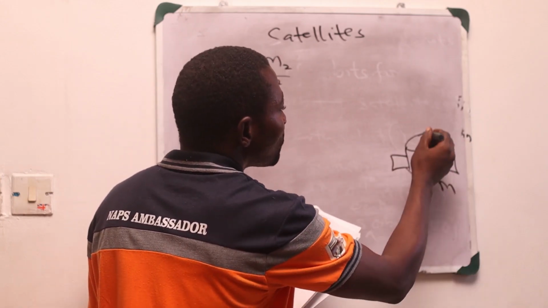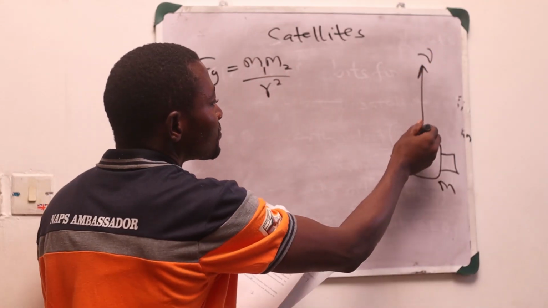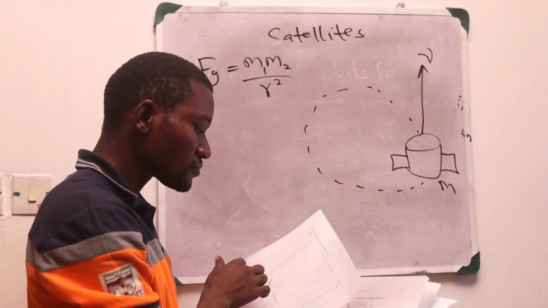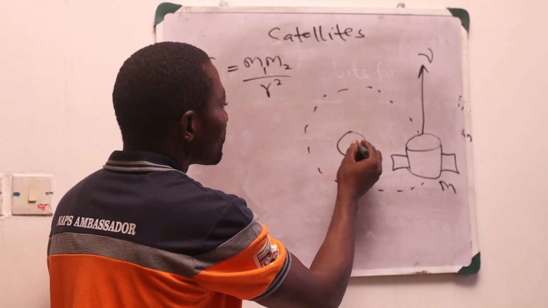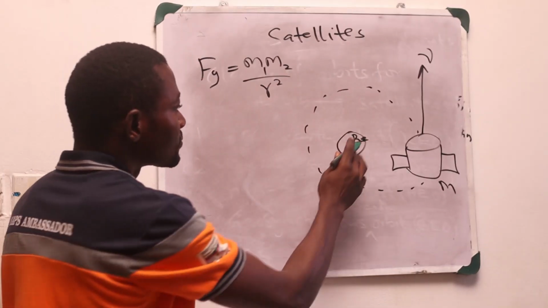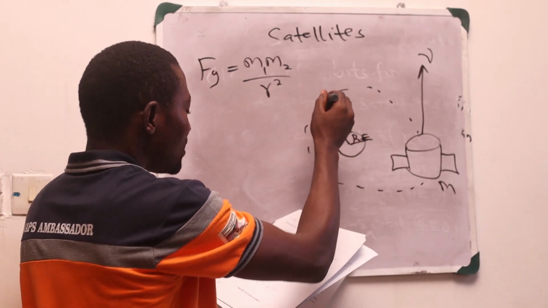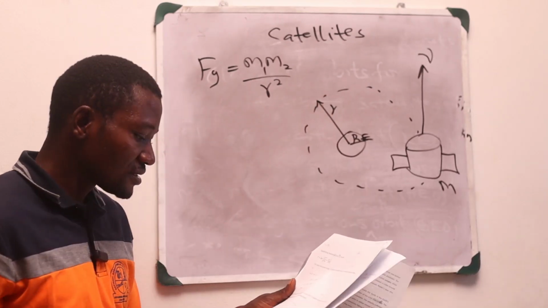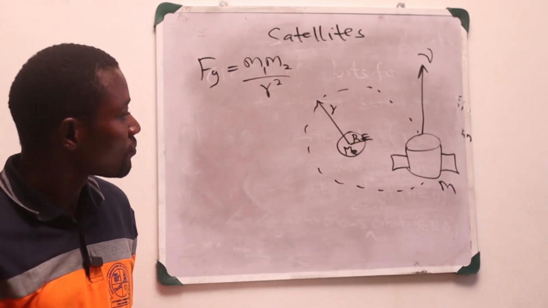If we have a satellite of mass m moving with velocity v in an elliptical orbit, if we have this to be the Earth, the radius of the Earth, RE, then the distance of the satellite from the Earth, the mass of the Earth, ME.